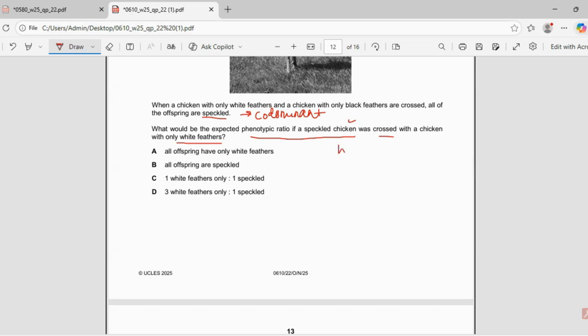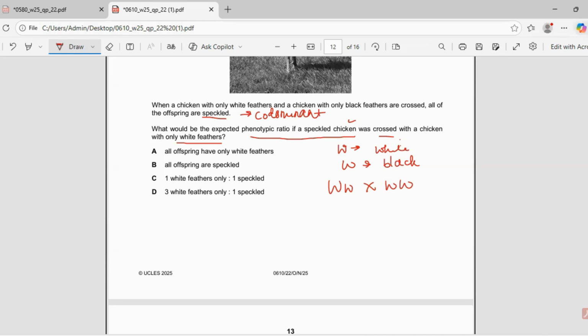Suppose capital W is for white and small w is for black. When they are together, it is speckled, and you have to cross it with a chicken with only white feathers. So how will the Punnett square look and what will the answer be?